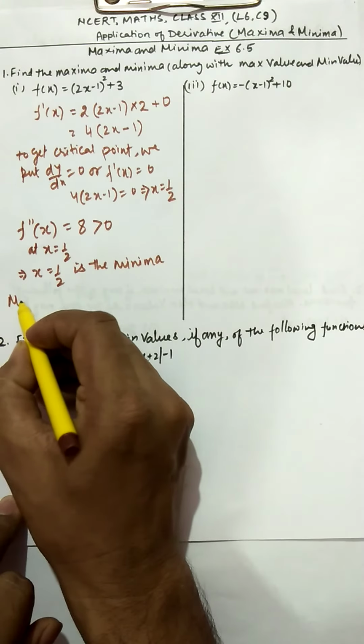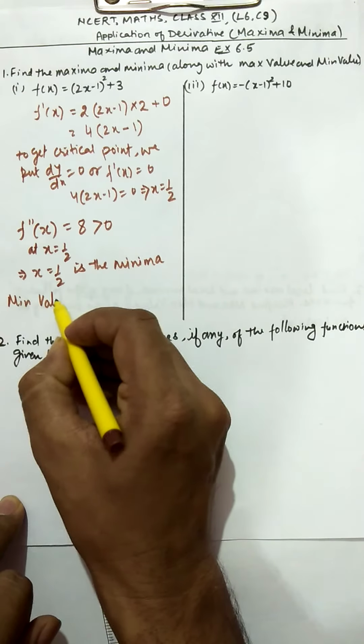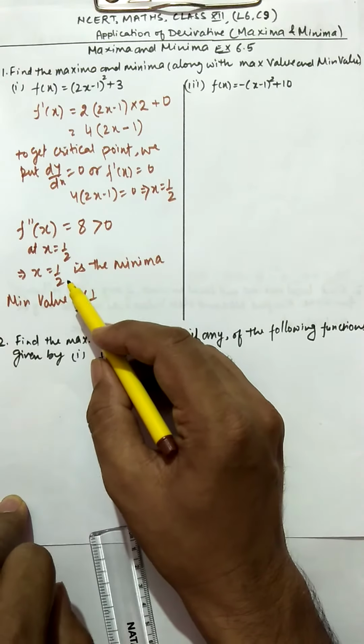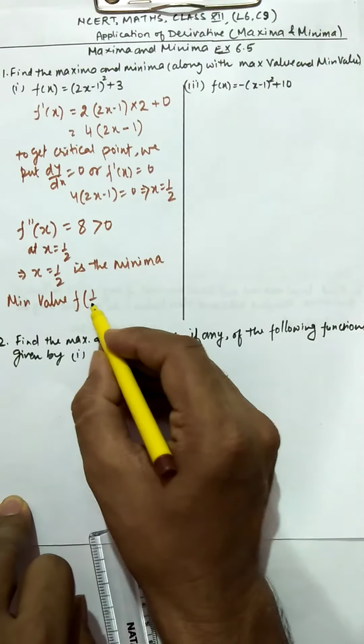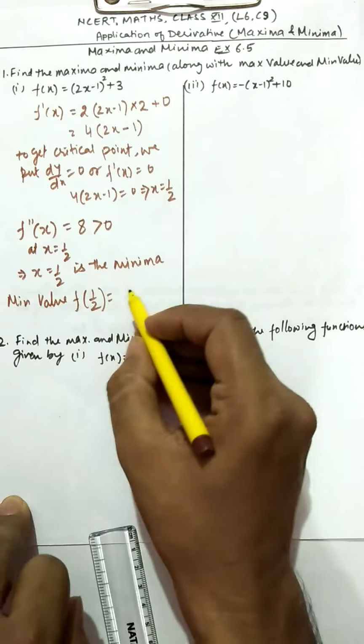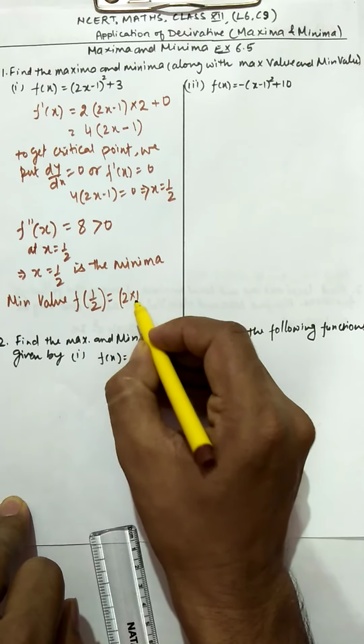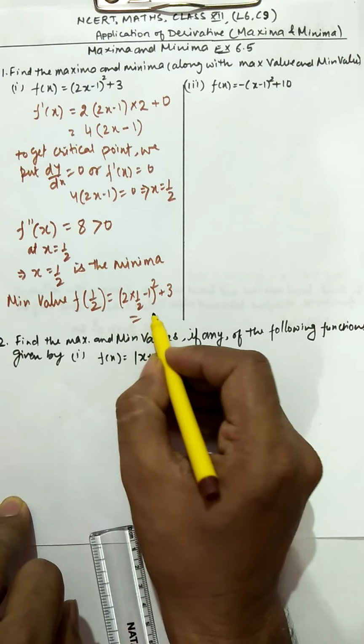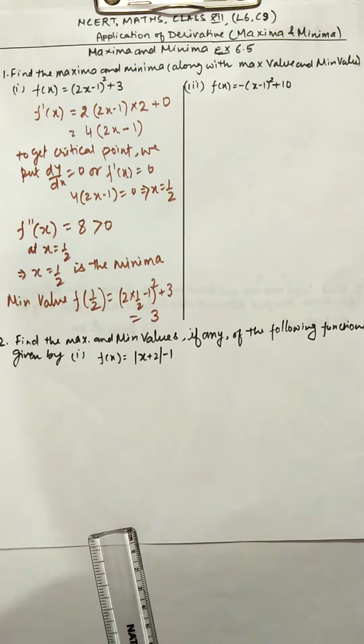And the minimum value we can find by putting x = 1/2 in the given function. So this is 2 into 1/2 minus 1, whole square, plus 3. That is going to be 3.